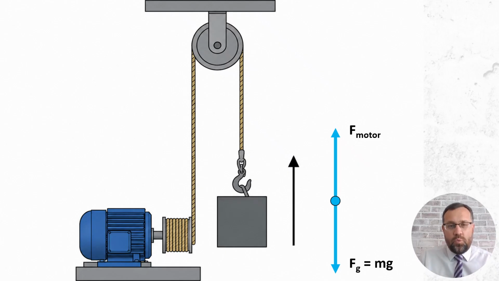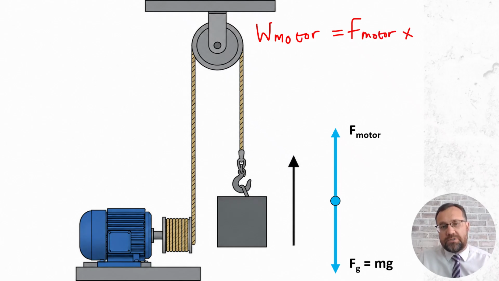So the work done by the motor is equal to the upwards force exerted by the motor times the vertical displacement times the cos of theta.